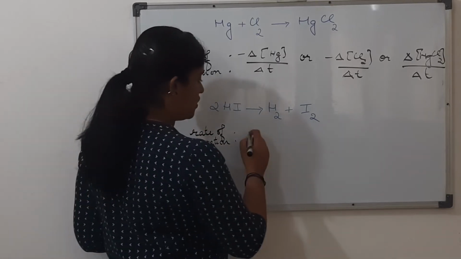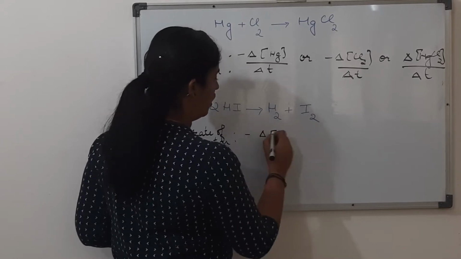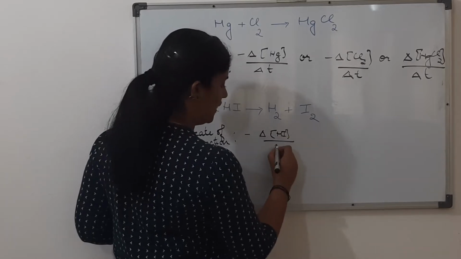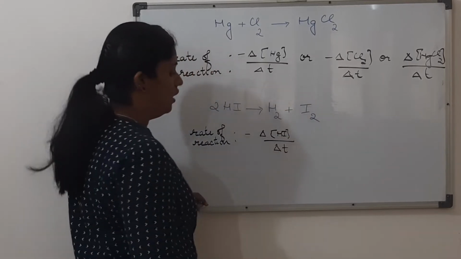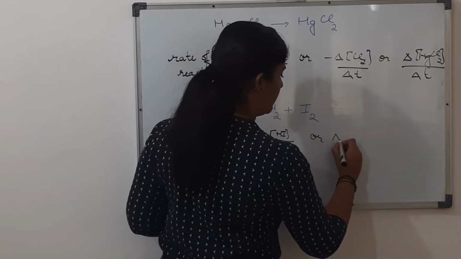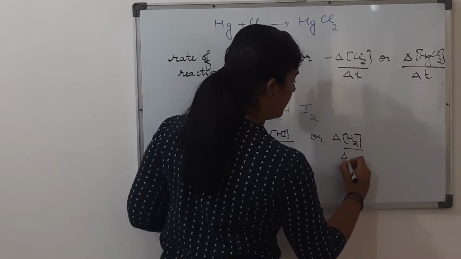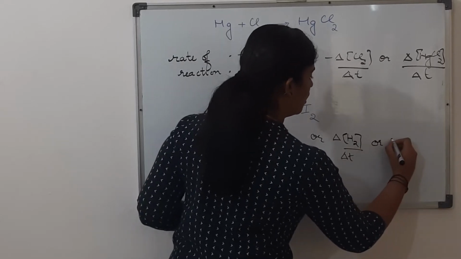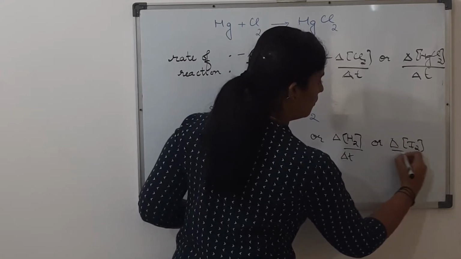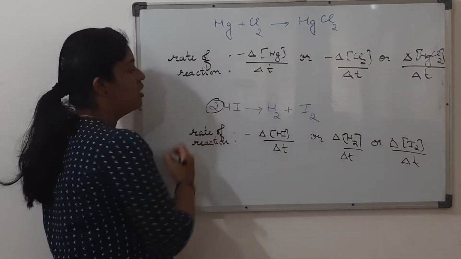The rate of the reaction, we saw, is minus delta concentration of reactant HI by delta T, or it can be in terms of product, delta concentration of H2 by delta T, or concentration of the other product I2 by delta T. The difference is we have a 2 here in the reactant.